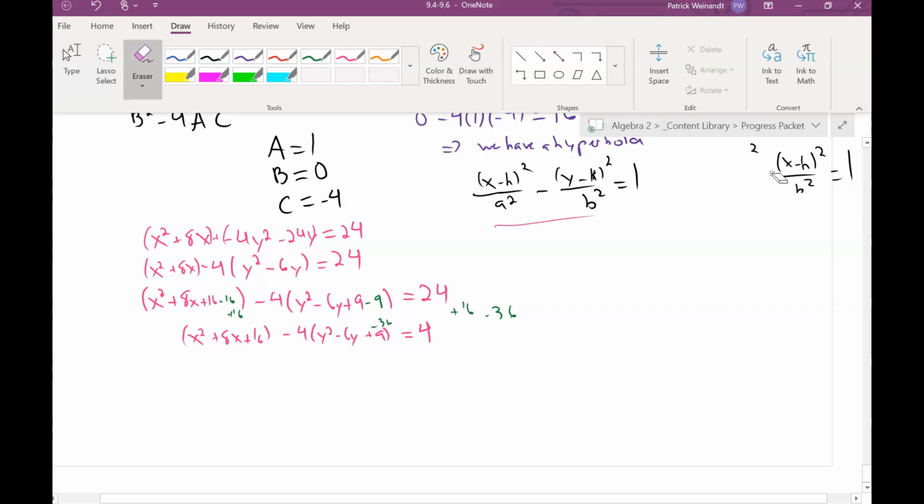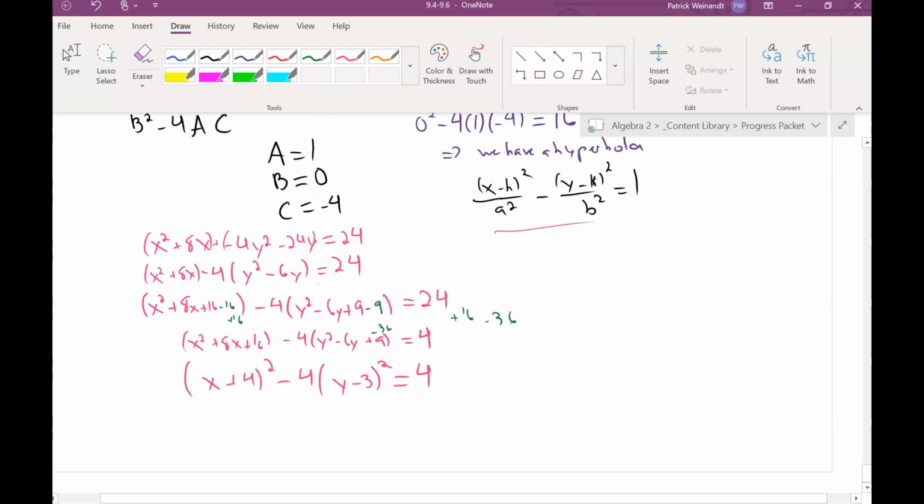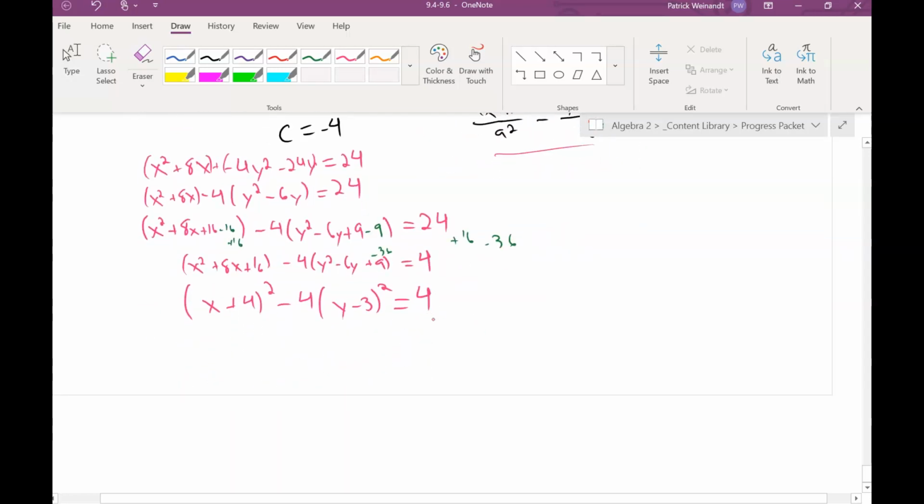Now, we're going to go ahead and complete the square by factoring these perfect square trinomials. X squared plus 8x plus 16 is just x plus 4 squared, minus 4 times y squared minus 6y plus 9 is just y minus 3 squared, equals 4. And we're in the home stretch. We want this constant to be 1, so we have to divide everything by 4.